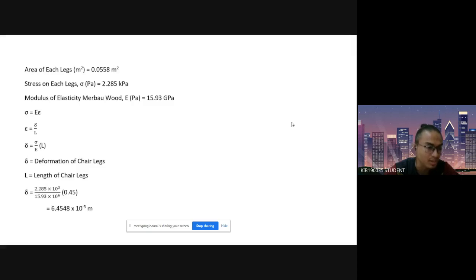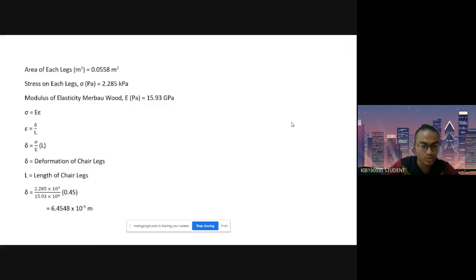Delta represents the deformation of the legs, and lastly the capital L represents the length of the chair legs, just like just now. And so we managed to calculate the deformation of the leg when we apply the force, which is the person sitting on the chair.